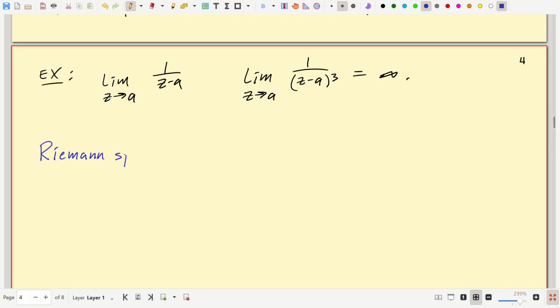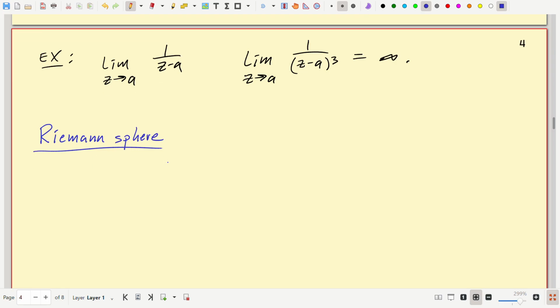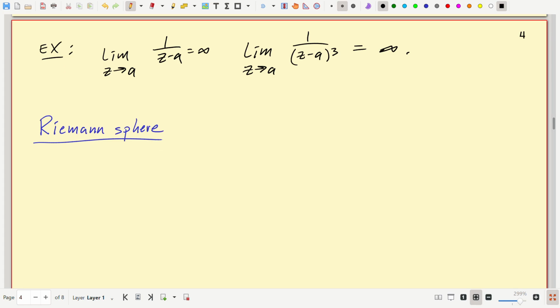Well, the Riemann sphere. My Riemann sphere is going to be slightly different than the book's. I like my Riemann sphere to be sitting on top of the complex plane. The book has it wallowing in the complex plane.